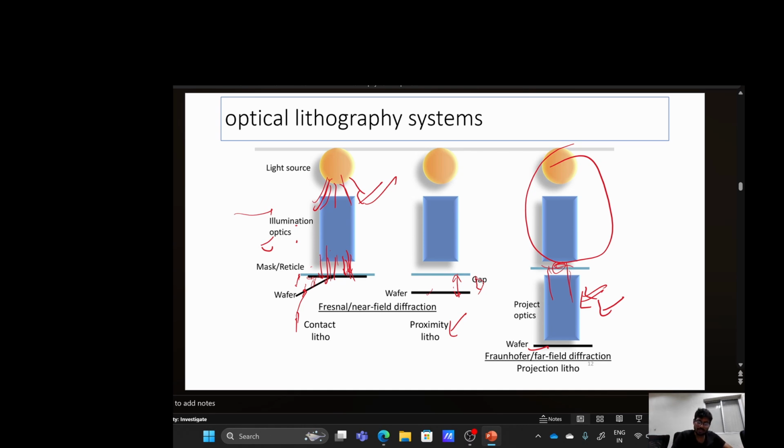Okay, so projection lithography is used for lower feature sizes. This is a very complicated kind of tool, so very complicated optics is used to make this setup. Okay, this is projection lithography.